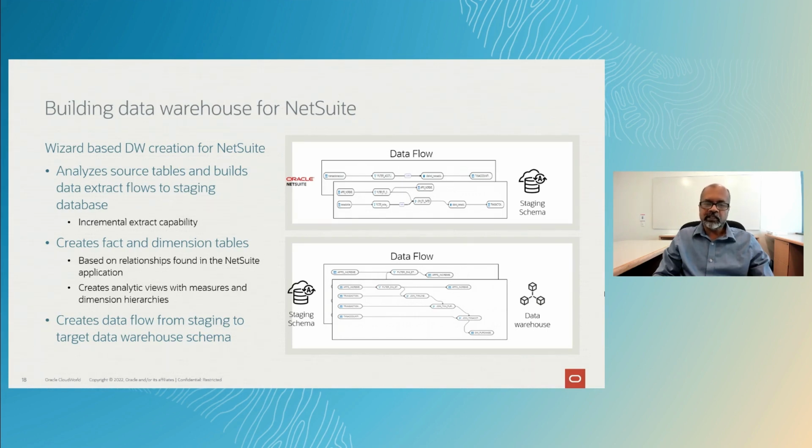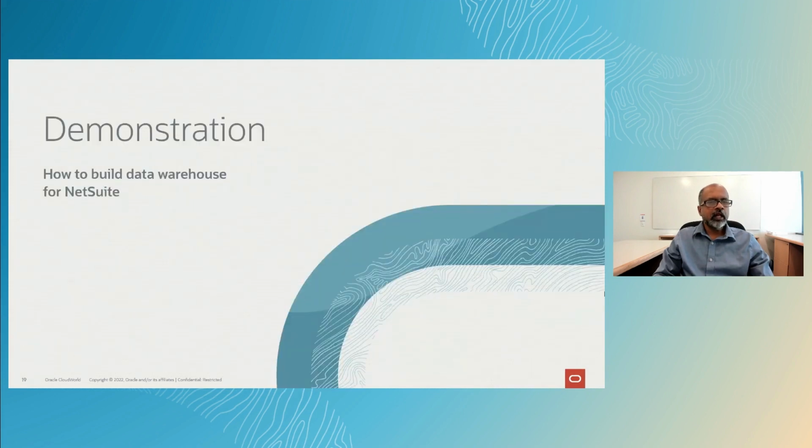It also creates facts and dimension tables based on the relationships found in the NetSuite application. You don't have to do anything; it does it automatically. It creates analytic views with measures and dimensions, and creates data flows from the staging area to the target data warehouse. Now we are going to show you exactly how it is done in this short demonstration.